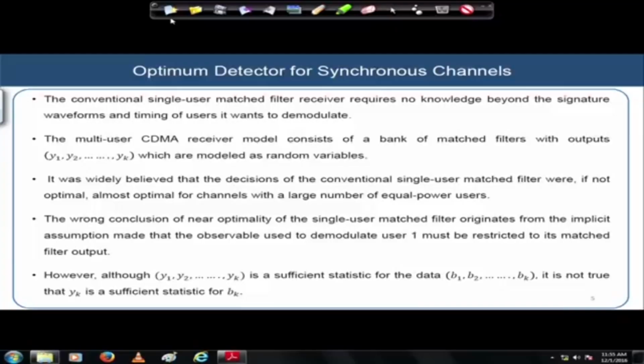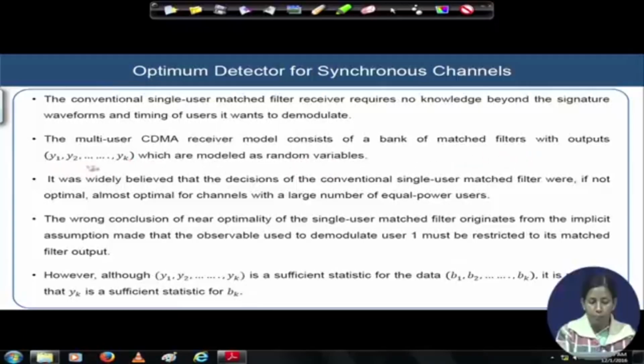That is all for his own demodulation. In a multi-user CDMA receiver, this model is extended to the bank of matched filters. So you need the outputs of the bank of matched filters, which are modeled as random variables.